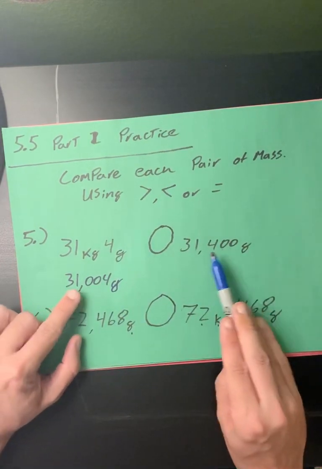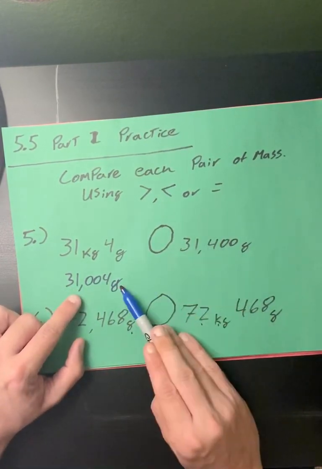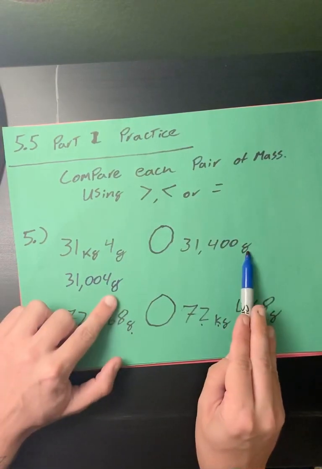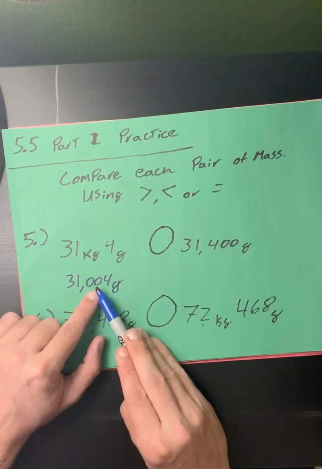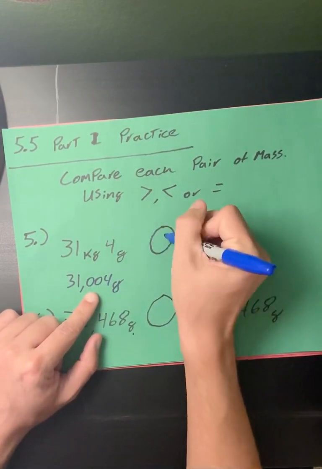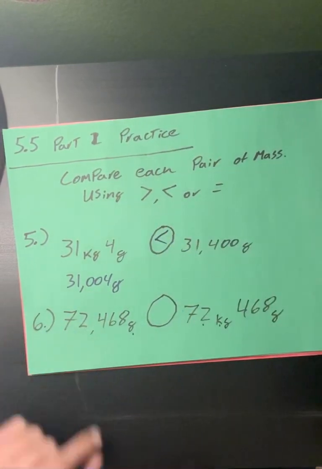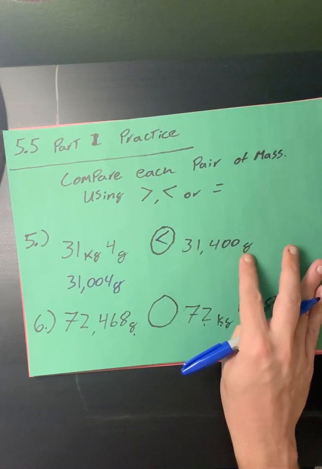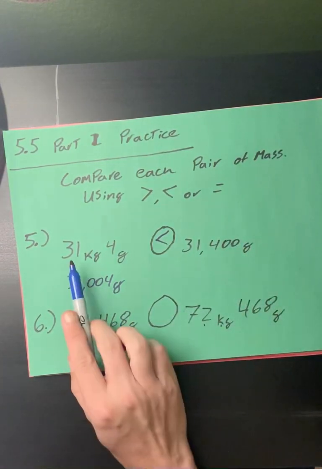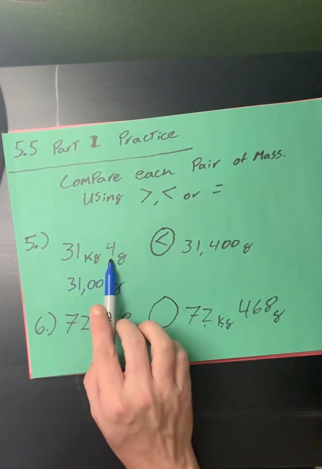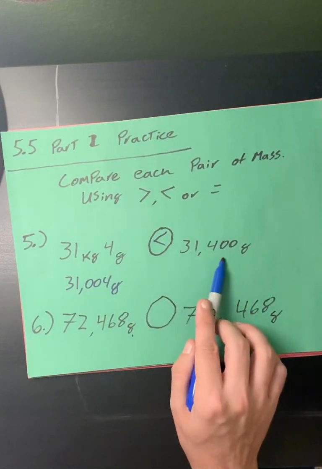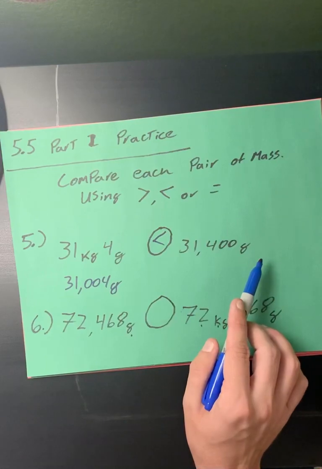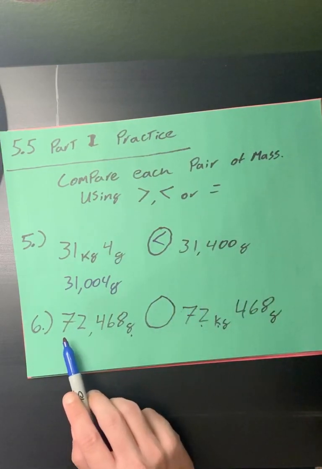If I compare these two numbers now that they are both measuring grams, I can see that 400 is greater than 4. So my symbol will point to the greater of the two, and I'd read this statement as 31 kilograms and 4 grams is less than 31,400 grams.